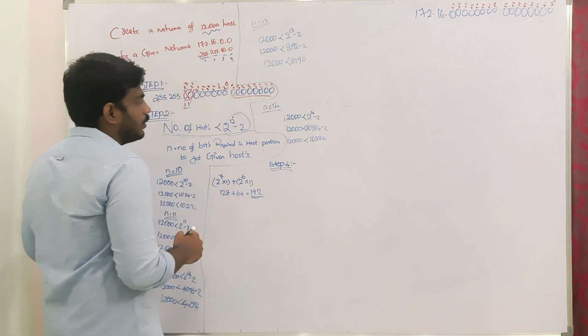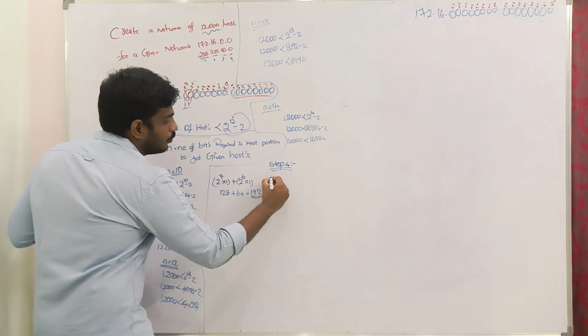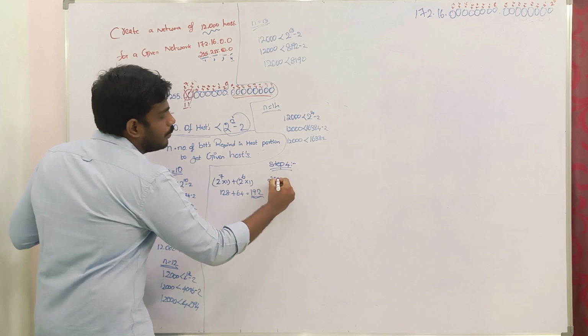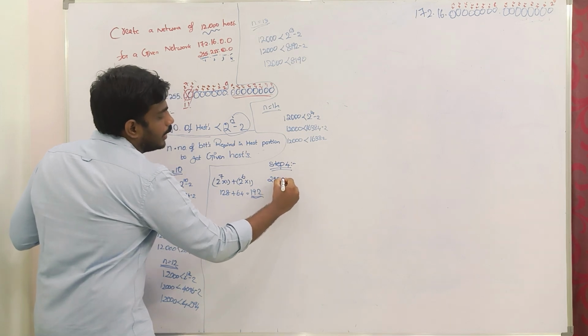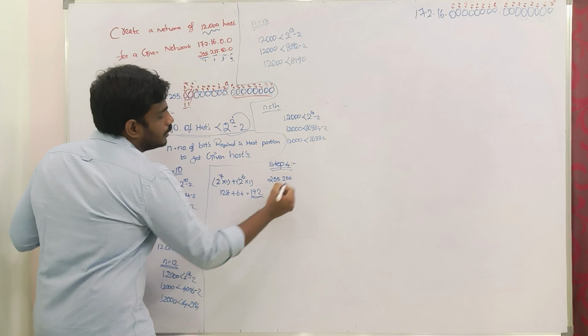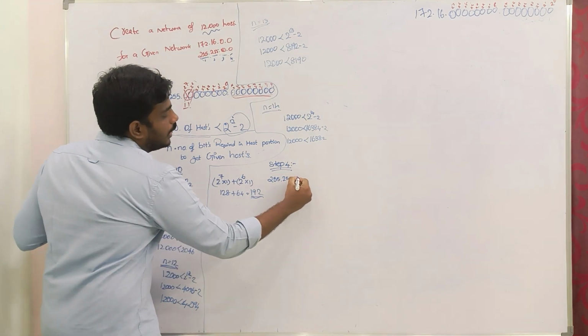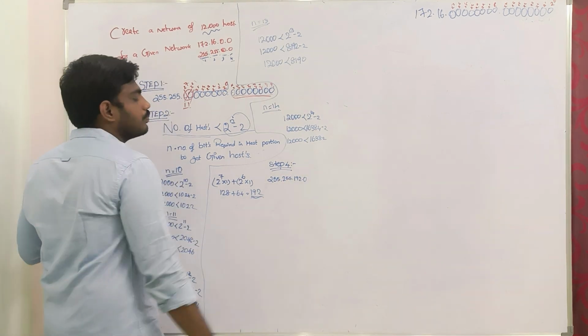In step 4, what do we get? 192. So our subnet mask to acquire 12,000 hosts is 192.0.